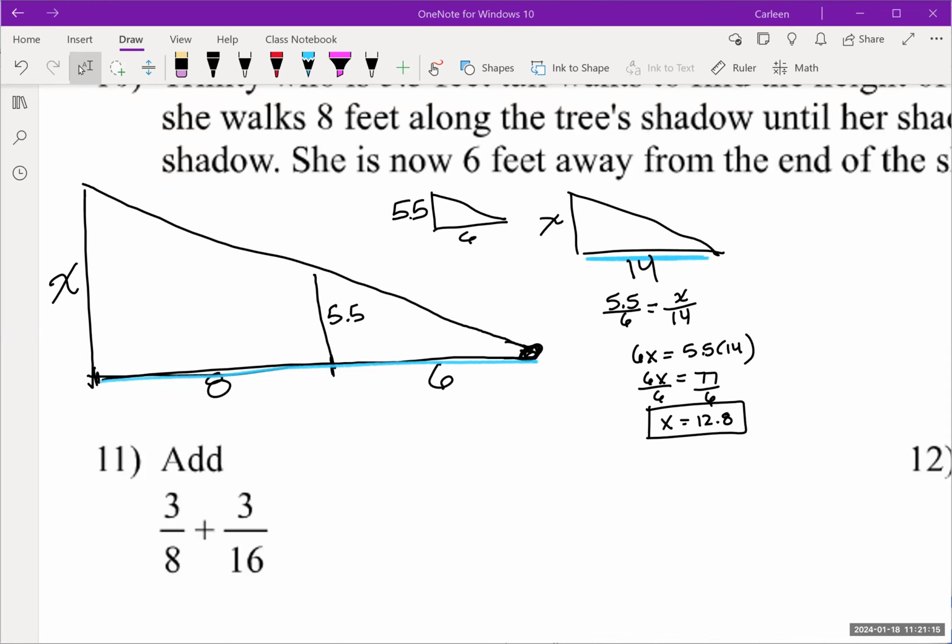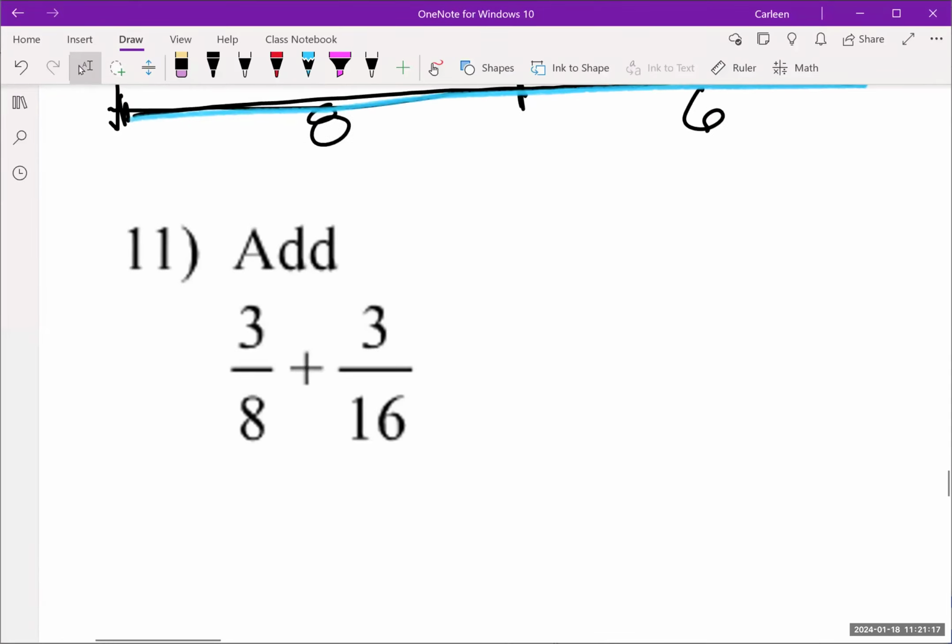All right. Now, quick pre-algebra review. How can you add those fractions? What do you need in order to add fractions? Denominator the same. Thank you. So we're going to multiply the bottom by 2. If we multiply the bottom by 2, we must multiply the top by 2.